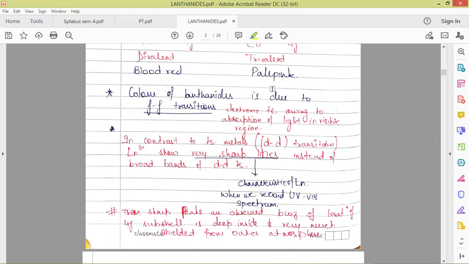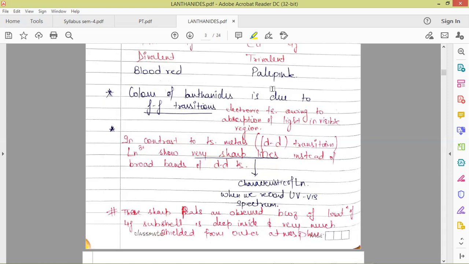So the color which is absorbed, and the lanthanide compound will have the complementary color to the absorbed color of the light. In contrast to transition metals, this is a very important point: for transition metals there are d-d transitions, and in the UV visible spectra we have very broad bands.